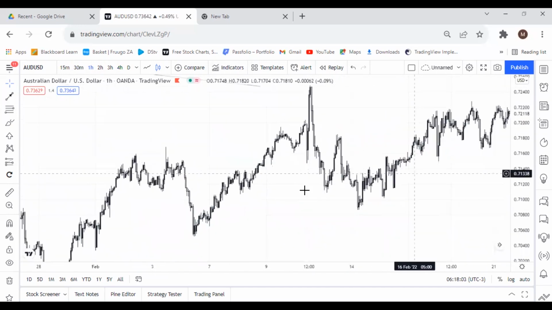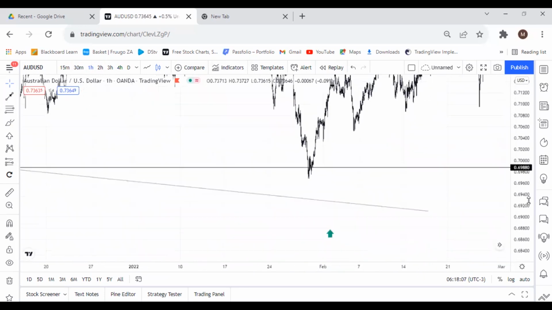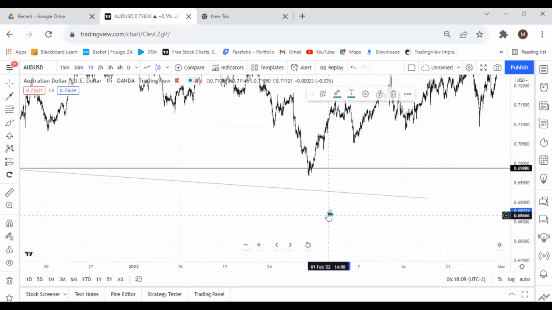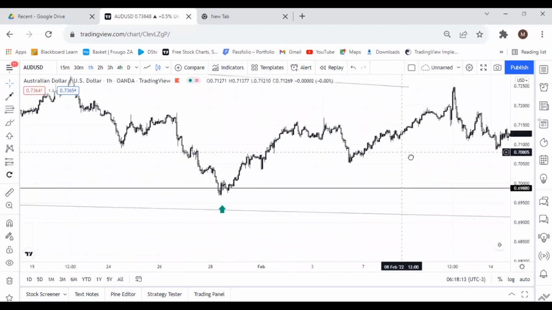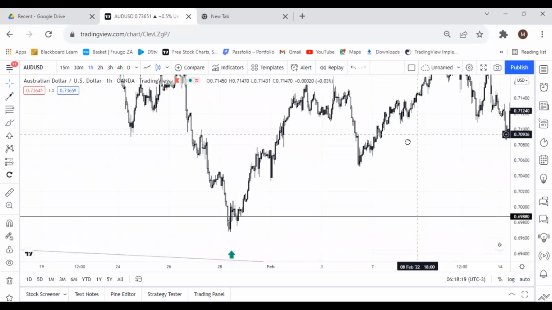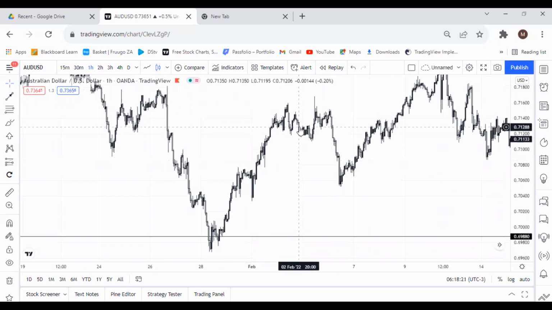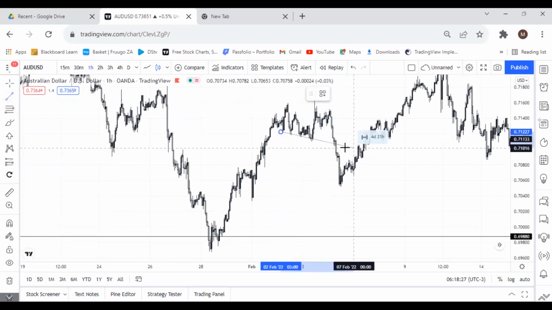So I'm just going to go back to our third touch, which was right here, as you can see with this arrow, right? From this point, we didn't have a distinct correction. As you can see, this one tried, but then it kind of sold off.